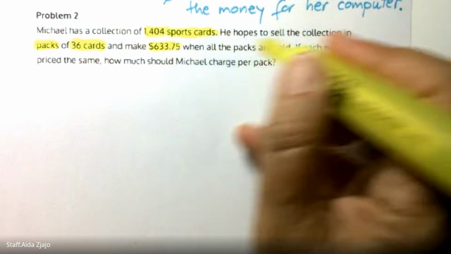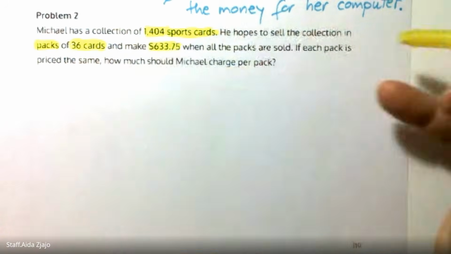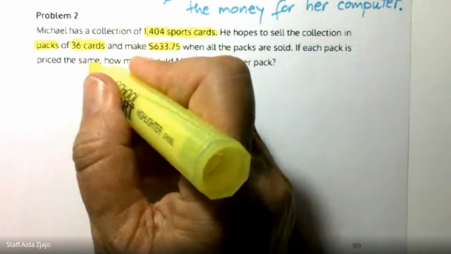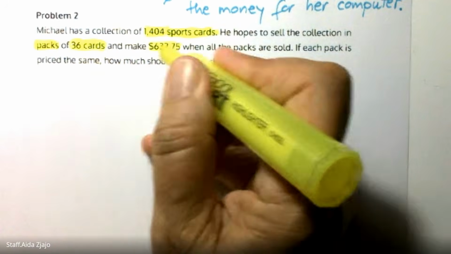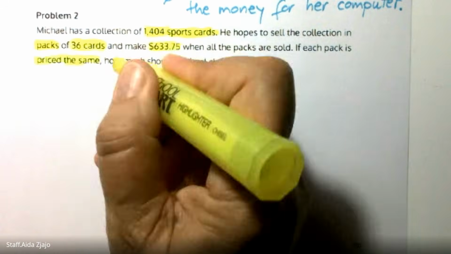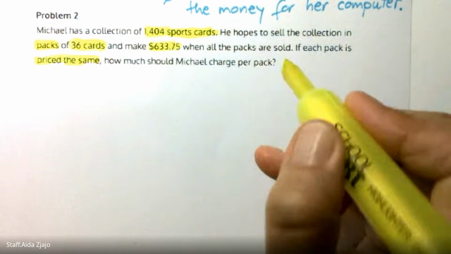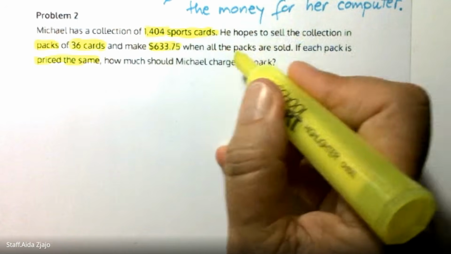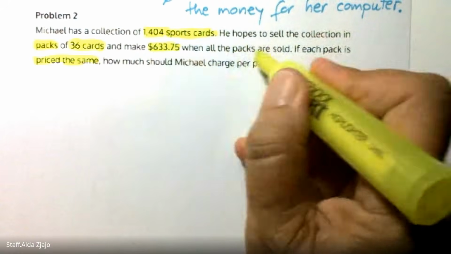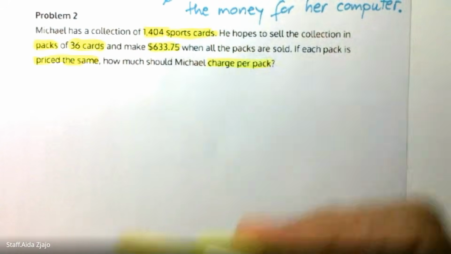If each pack is the same price, so the price has to be the same, how much should Michael charge per pack? How much do you need to charge per pack?